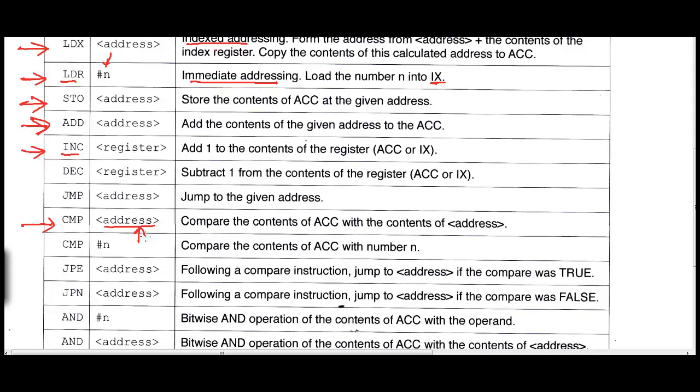If we want to compare whatever is lying in the accumulator with the contents of the address provided in the instruction, then we use this compare instruction. If we say compare A, then the contents of the accumulator are going to be compared with the contents of A, the contents of the address given in the instruction, which in this case is the label A.